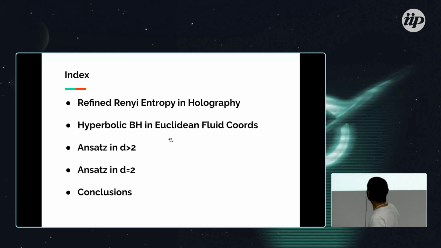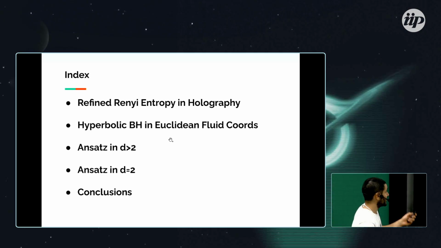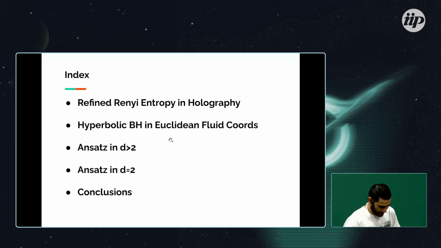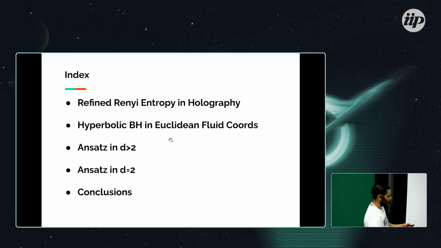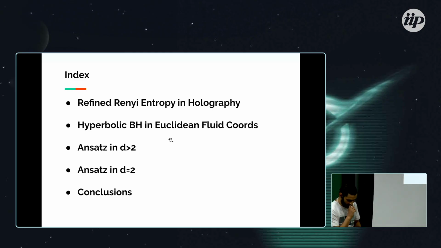As an index, let me say that I will review the refined Rényi entropy prescription to compute it in holography. Then we will also review the most famous known analytic solution, which is the hyperbolic black hole, but in a way that makes the Euclidean fluid coordinates manifest.